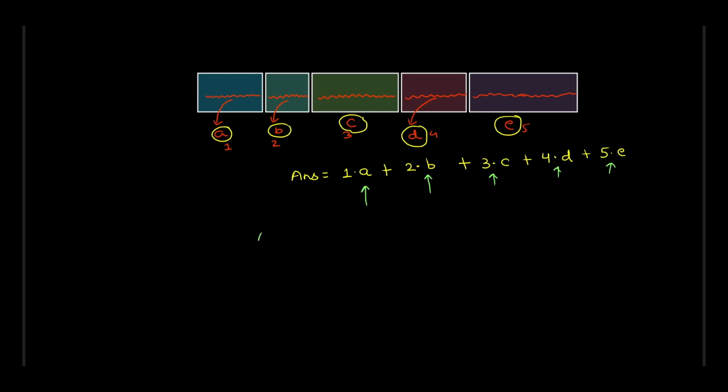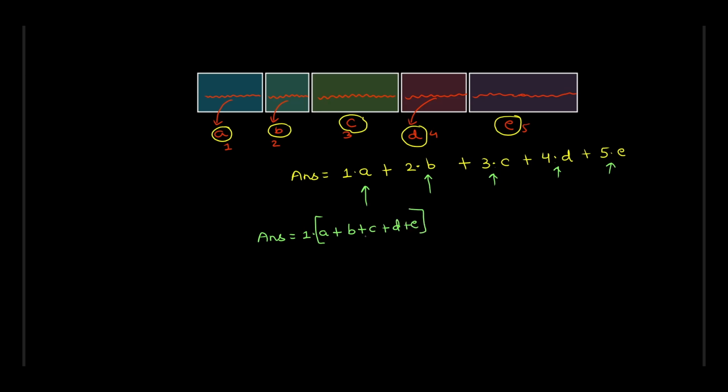So can I write the answer like this? Answer is equal to 1 into A plus I have borrowed 1 B, C, D, and E, so 1 into (A plus B plus C plus D plus E).